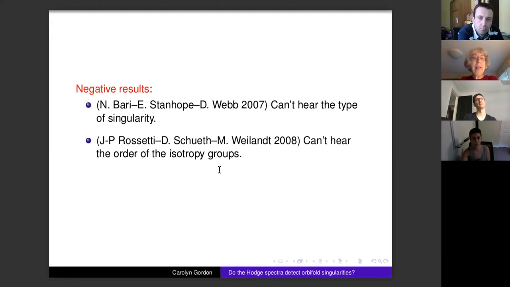And there are many other examples of mutually isospectral orbifolds, for example, by Emilio Lauret and others. But it's still open whether the Laplace spectrum distinguishes orbifolds with singularities from manifolds.